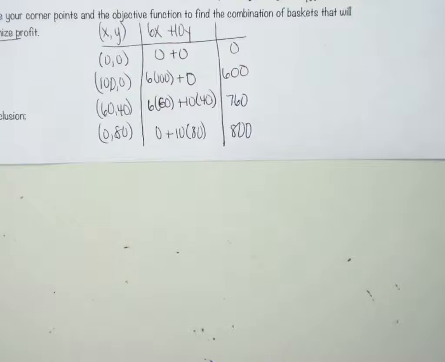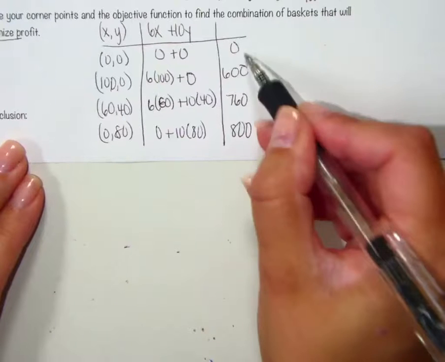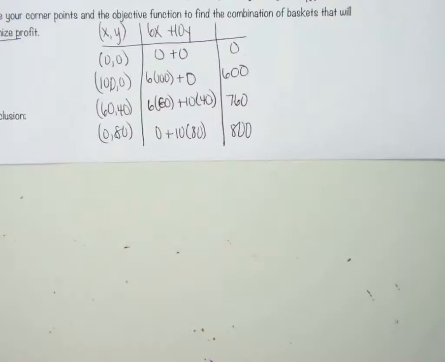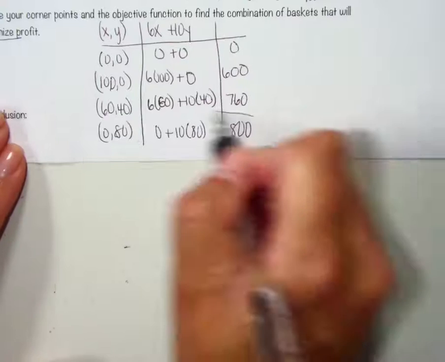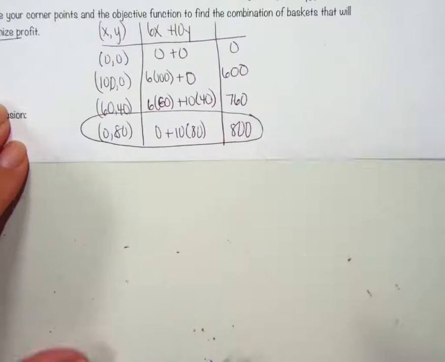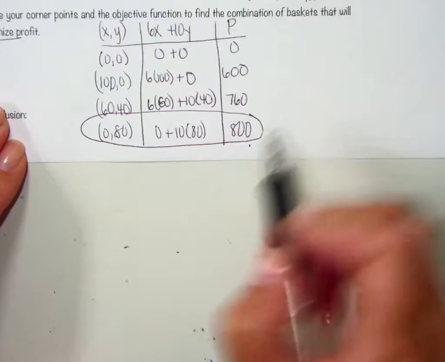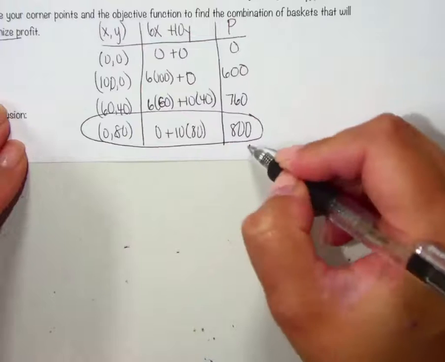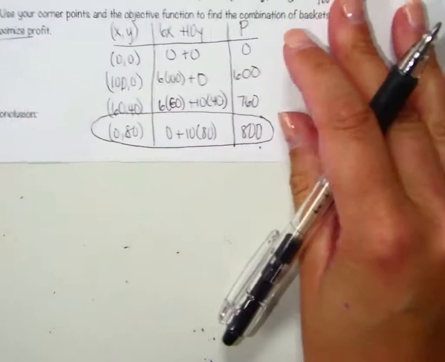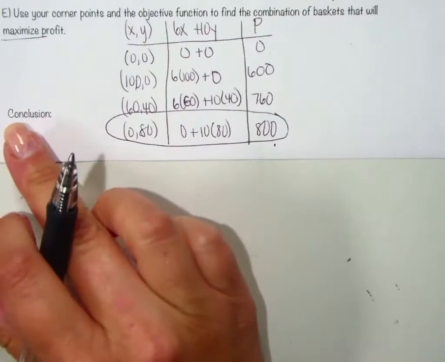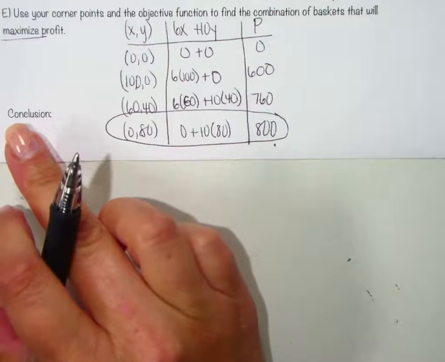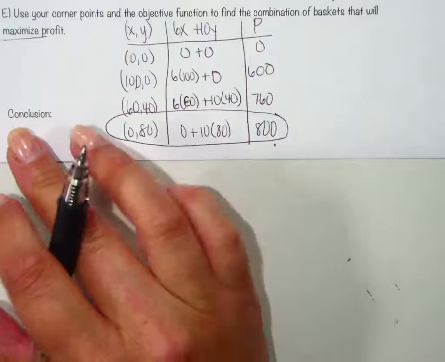So after we substitute those in, double check that you're getting the same values there, and we see our maximum. This is profit, remember, our maximum profit is $800. So the very last thing that we need to do is just write a statement making our conclusion.